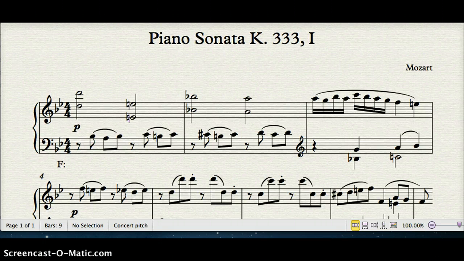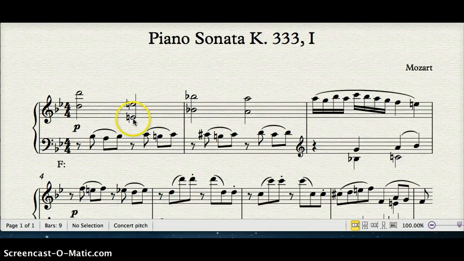So first off, this is interesting because this again is an excerpt from his piano sonata. The overall key is actually B flat major, but the key that the textbook has given us is F major. That just means this small excerpt is in F major, but he decided not to change the key signature. As you can see, F major has only one flat, the B flat, so we shouldn't have any E flats there.